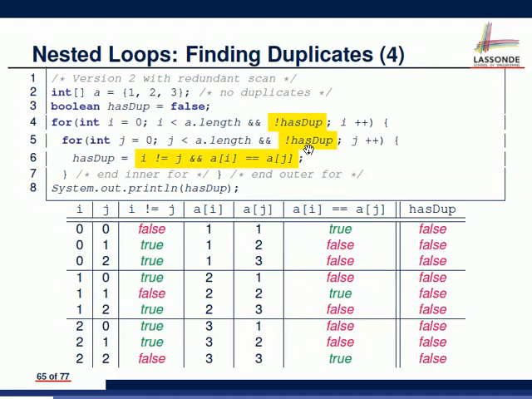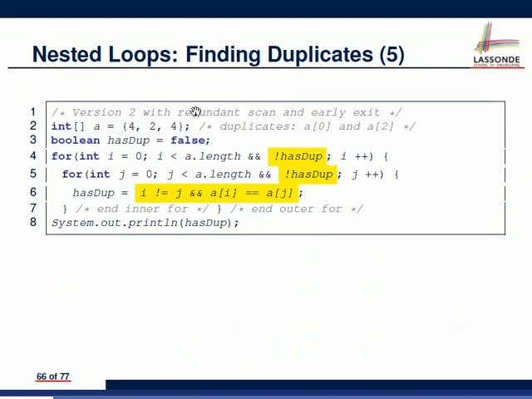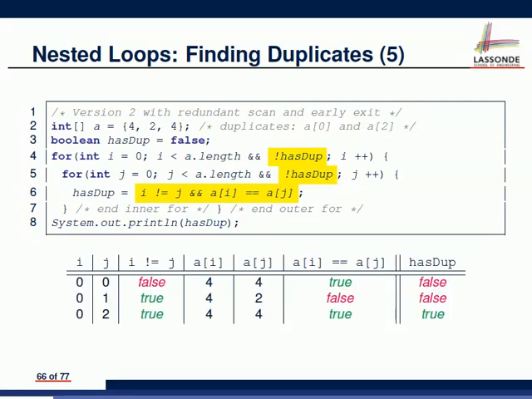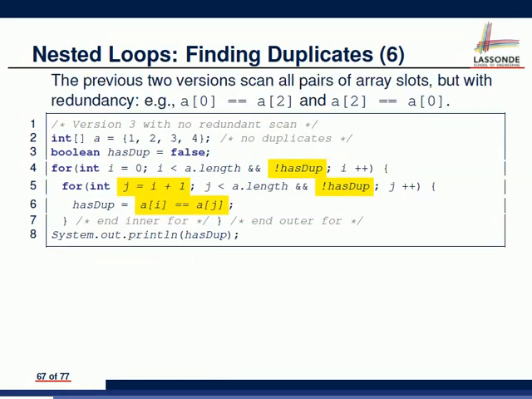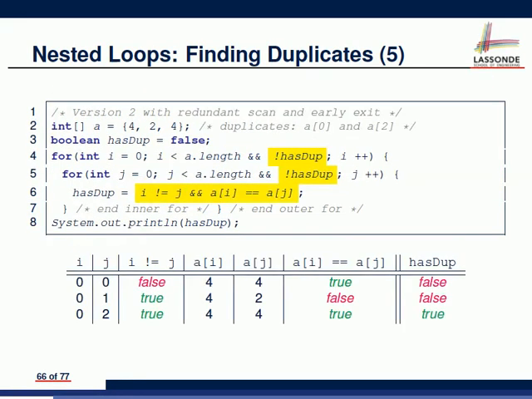However, for version number 2, in the case where you do have a violation witness for duplicates, you only have to run this many iterations, because as soon as you have found the duplicates over here, let's say 4, 2, 4, so that means 0 and 2, right? As soon as you find it, you will set hasDuplicate to be true. In that case, you will make the state condition false, so you exit from the loop. Okay, that's version number 2.